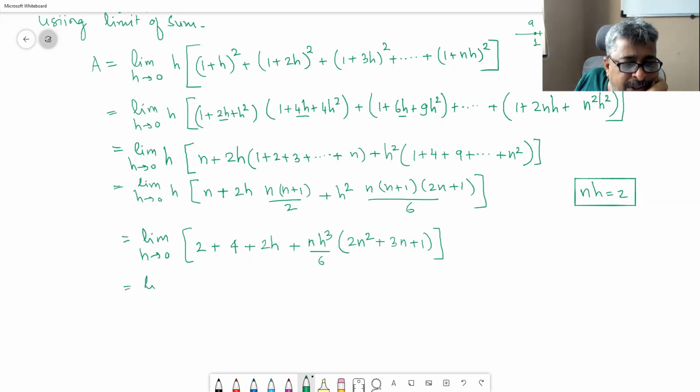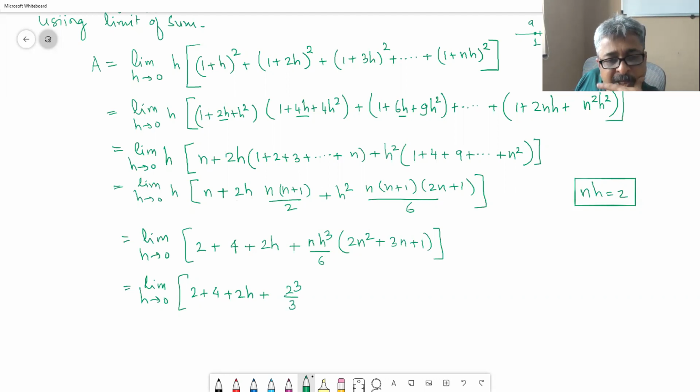Okay, limit h tends to 0, 2 plus 4 plus 2h plus, now n cube h cube is 2 raised to 3, 2 raised to 3 upon 3, that is the first term, plus the second term I have n square and 1h, so 2 square h upon 2.